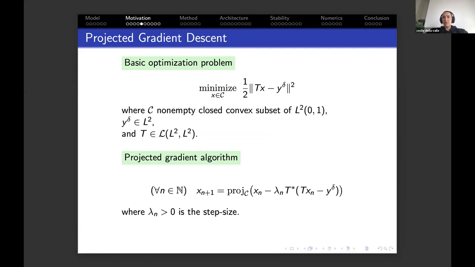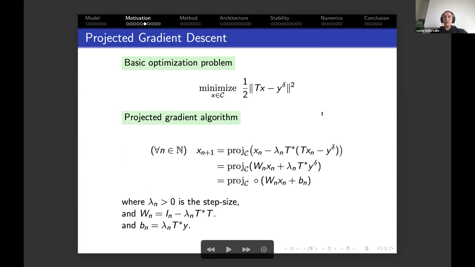If we take only the basic optimization problem, where X belongs to a feasible set C, we want to minimize this data fitting term. One way to do that is the projected gradient algorithm. At each iteration, I project on C a gradient descent step of this twice differentiable function.